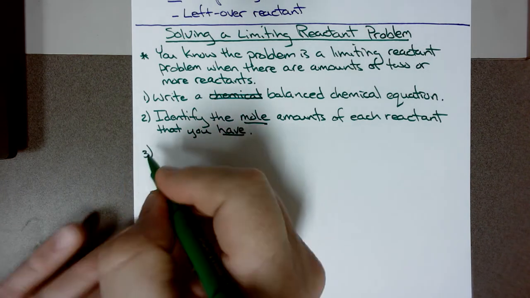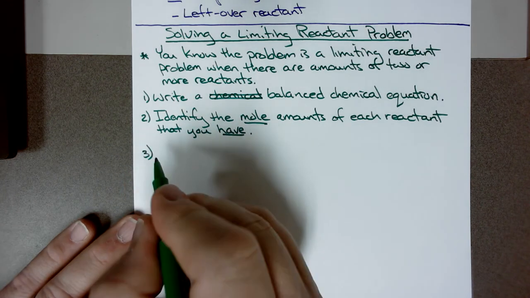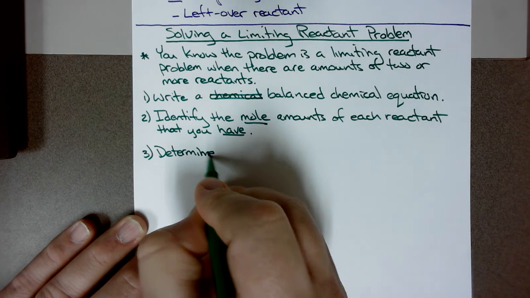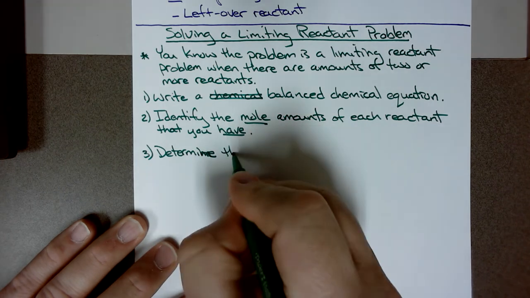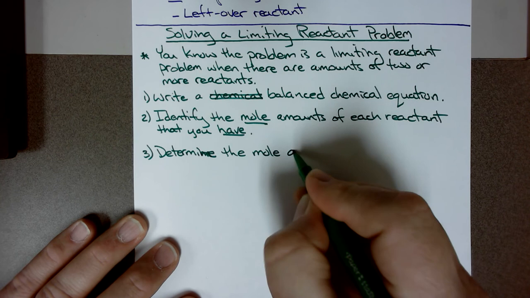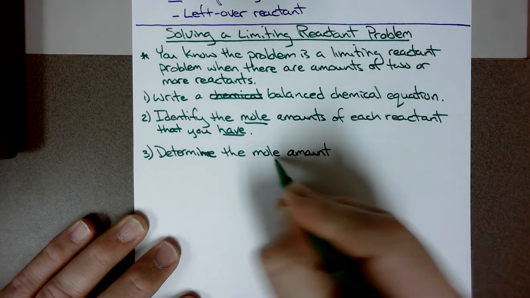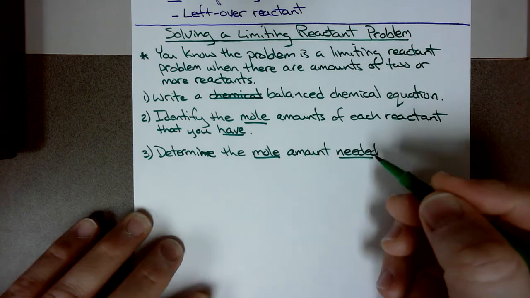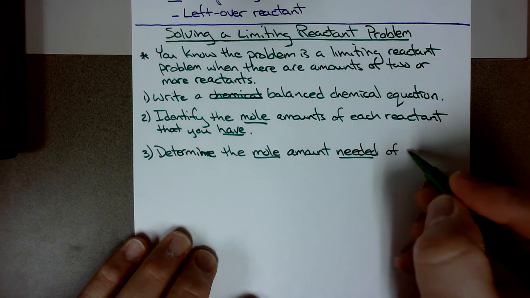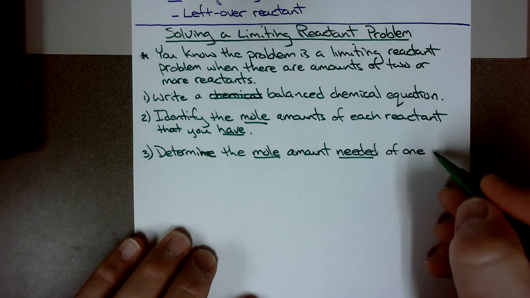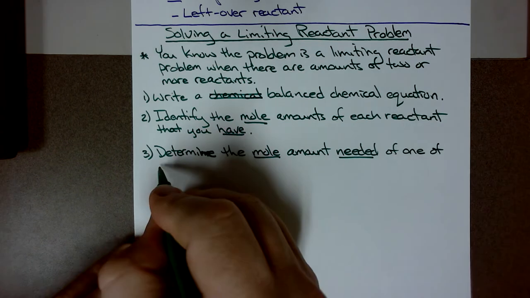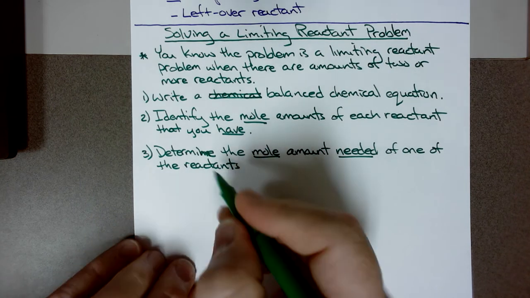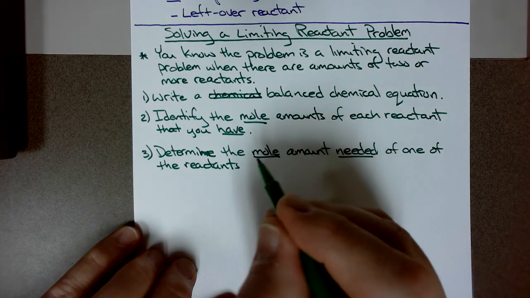The next thing is, number 3, you need to determine the mole amount needed of one of the reactants by using the mole ratio of both reactants.